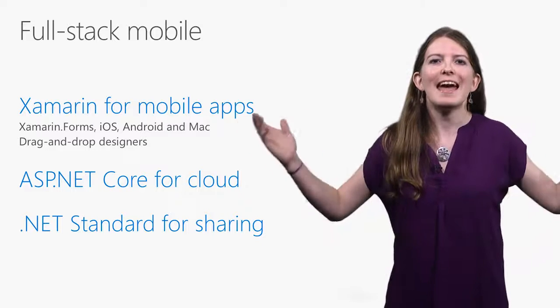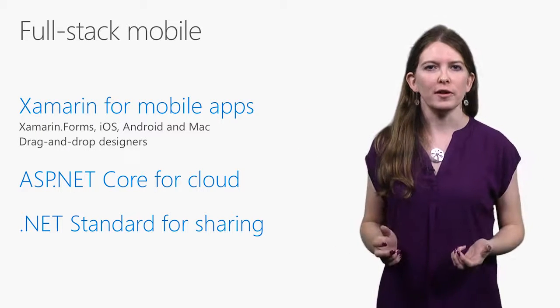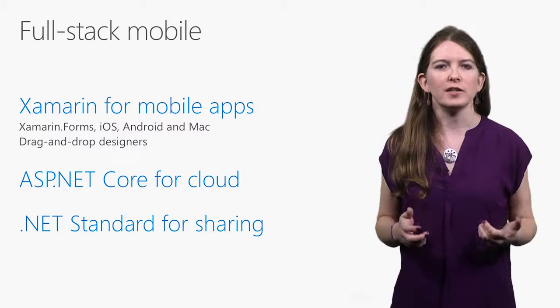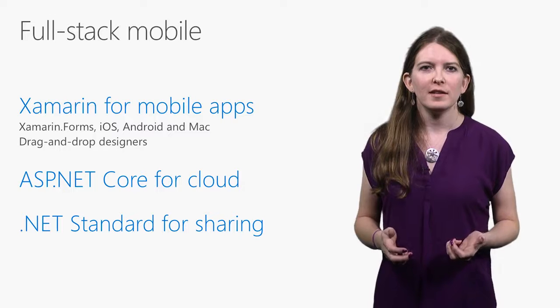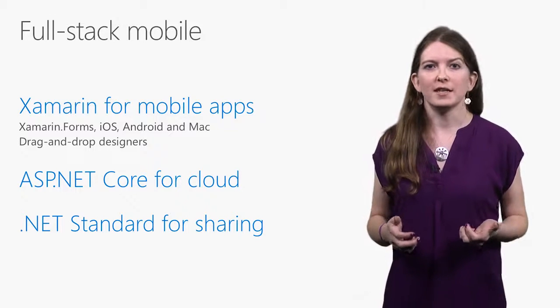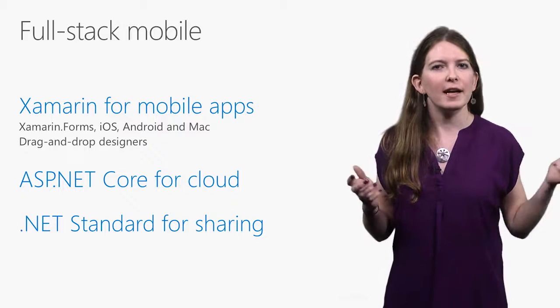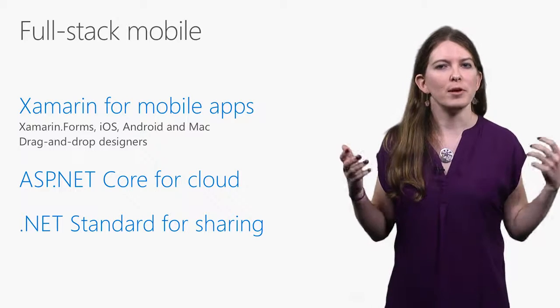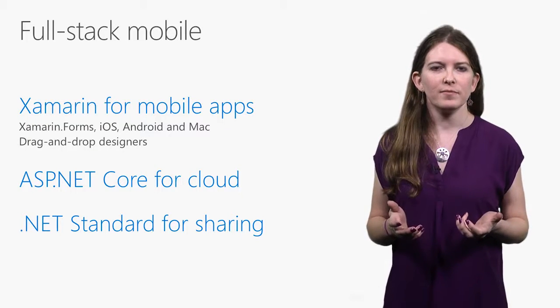And since nearly every mobile app has a cloud backend, we've also included ASP.NET Core and .NET Core for developing your app's backend. Developing and consuming .NET Standard libraries is fully supported, so it's easy to share models and logic between your Xamarin mobile app and its ASP.NET cloud backend.